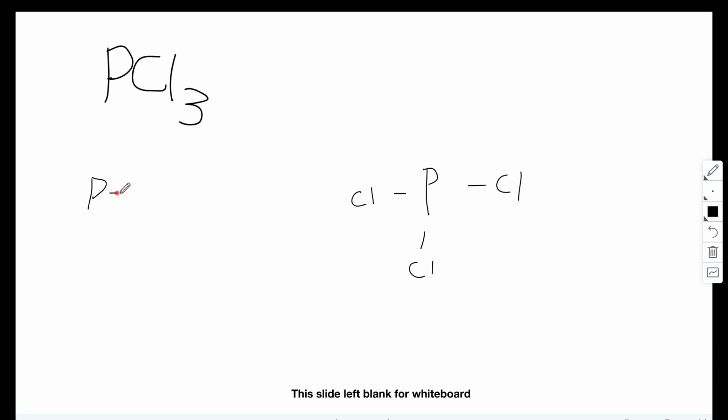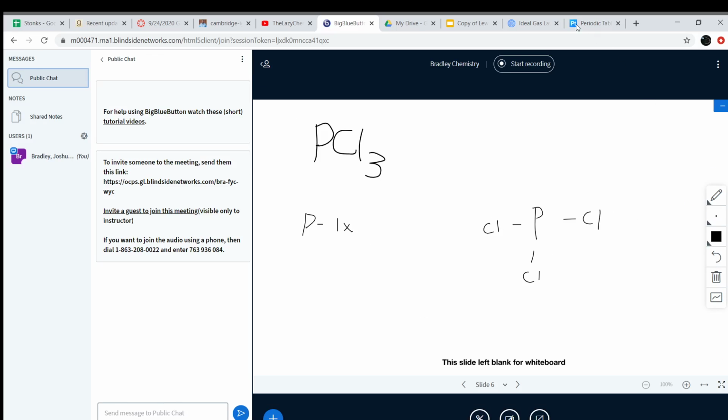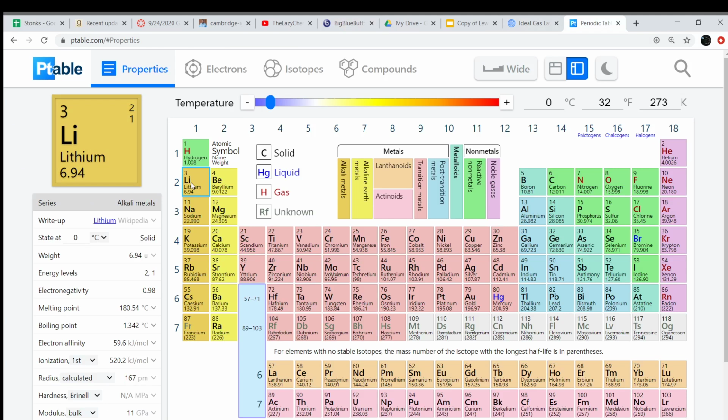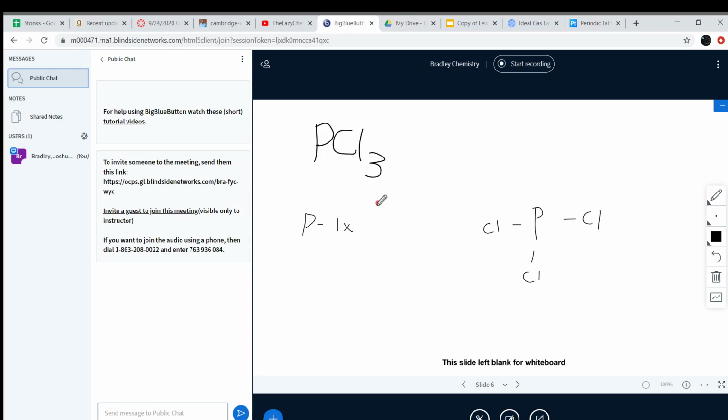We have 1 P, and P has 1, 2, 3, 4, 5, so 5 electrons.